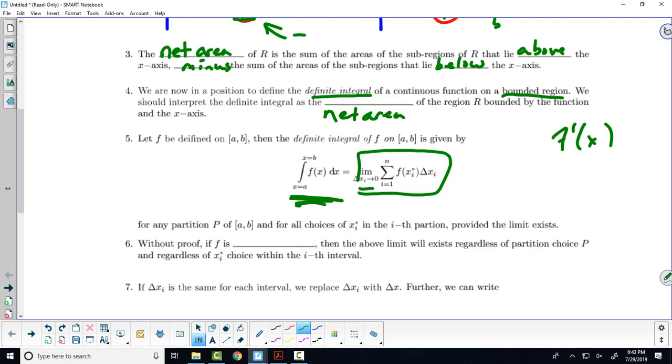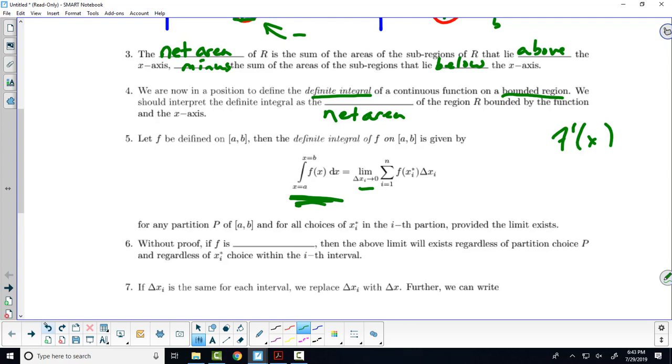And who's going to 0 fastest? Well, there's a lot happening here, as well as it has to hold for any partition that you make. And how many different possible partitions can you make? Oh, yeah, you couldn't count them. Okay? So that's an extremely difficult limit definition, but it is the true definition. So kudos to our author for using the more complicated but correct definition.